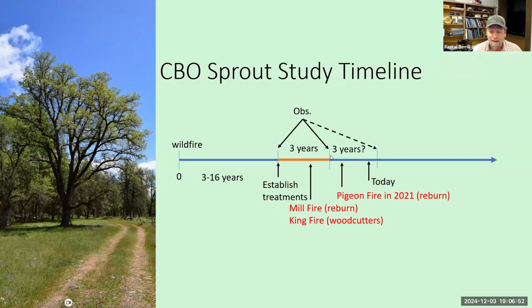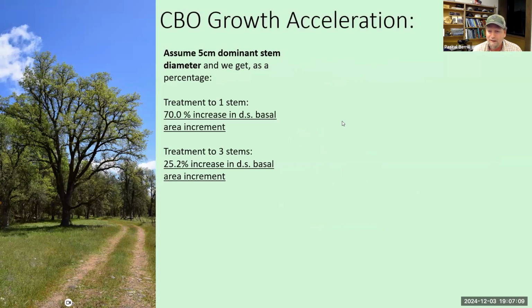And then after we collected 3 years response data, the Pigeon fire reburned. So anyway, we're lucky we did this at many sites, because we're losing sites. But anyways, you see the plan here. We have a wildfire, then years elapse, and then we implement our treatments, and then we came back 3 years later to assess.